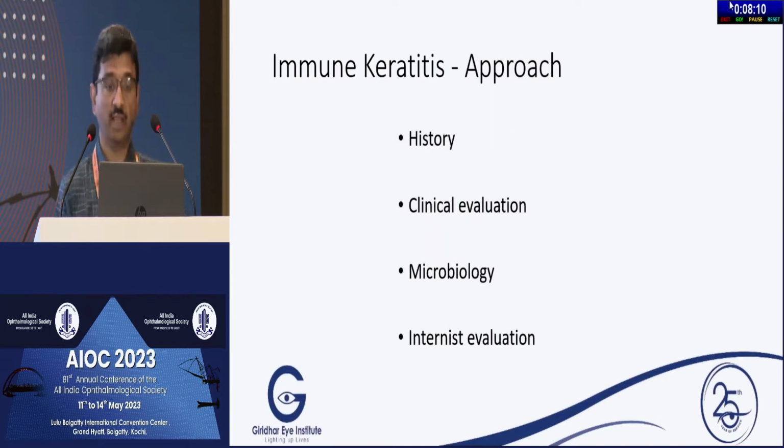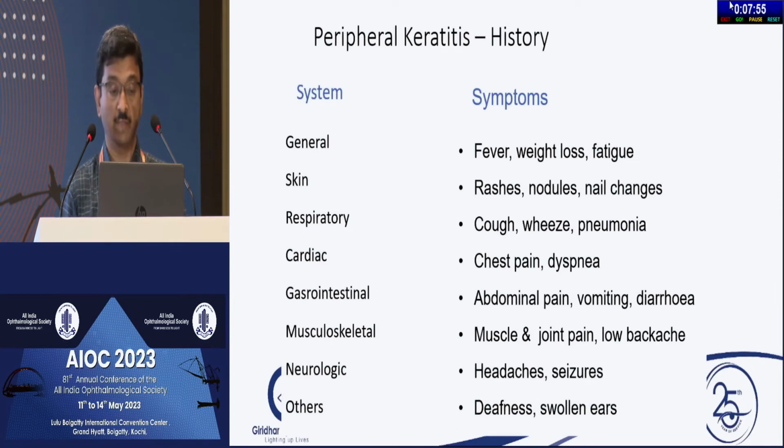So in any case of keratitis, as has been explained, let's start with the history and proper evaluation. We have to rule out infection here, and then whenever necessary, we may have to get an internist's help. So history-wise, take the complete history. It is not just the ocular history that we are bothered about here.